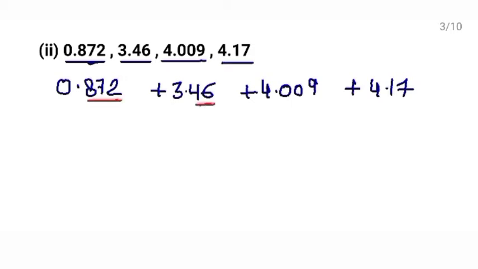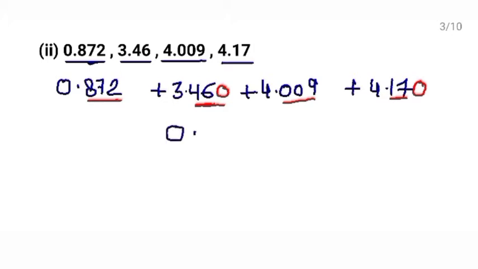In this number we have 2 digits, so we will put one more 0, then it will become 3 digits after decimal. In this we already have 3 digits after decimal. We have 2 digits after decimal, so put 1 zero. Now in all these numbers we have 3 digits after decimal. It means these numbers are like decimals. Now arrange them in the column.